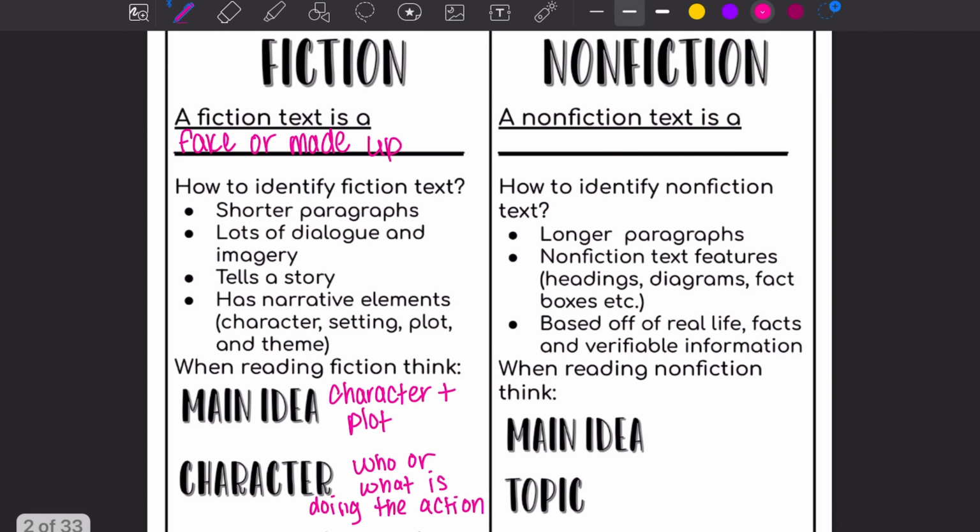Really quickly, before we talk about nonfiction, I do want to show you guys a fiction text. So let's go over to an example text really quickly. So here's an example of a fiction text that we could encounter. And as I am looking at this text, I'm taking some time to notice some of the things that we talked about.